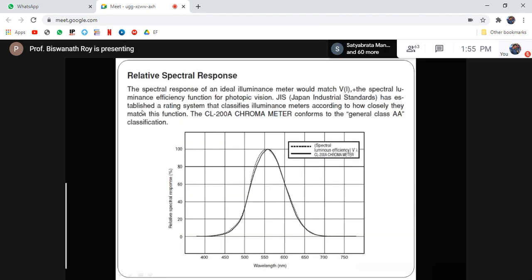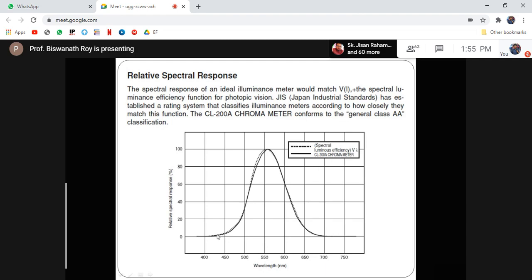And here, it is shown only the response of one cone receptor. The spectral response of an ideal luminance meter would match V lambda, the spectral luminous efficacy function of photopic vision.